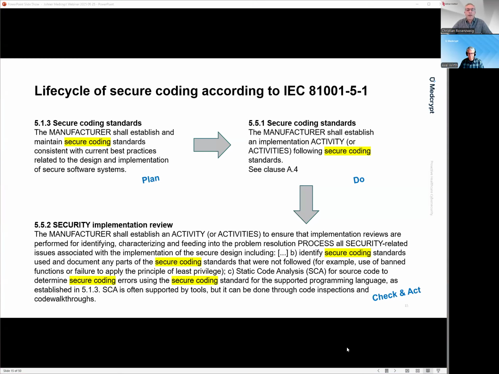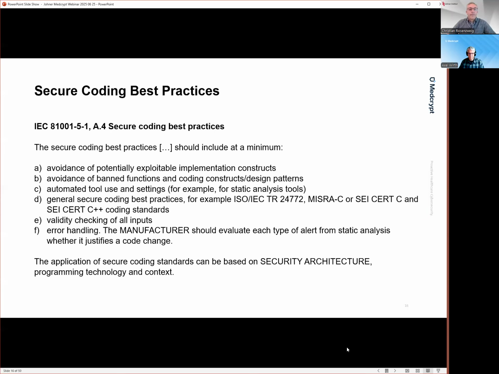And if we look into the section 5.5.1, secure coding standards, then it says secure coding standards are described in Annex A4 of the standard. And if we go into that annex, next slide, please, then we see that it says the secure coding best practices should include at minimum. And at minimum means, again, you have to refer to the state of the art, but this list here is a little help to not forget the most important things.